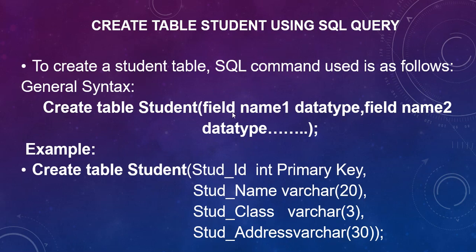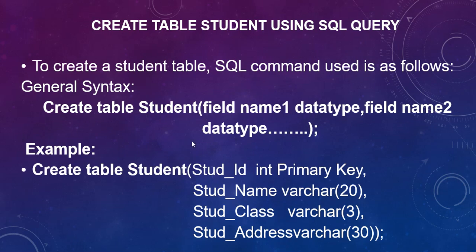The data type can be any type: numeric type, binary type, alphanumeric type, and date type. Depending on the field name, you can give the data types. This is the general syntax for creating a table in the database using the SQL command: create table, table name, then field name followed by the data types.